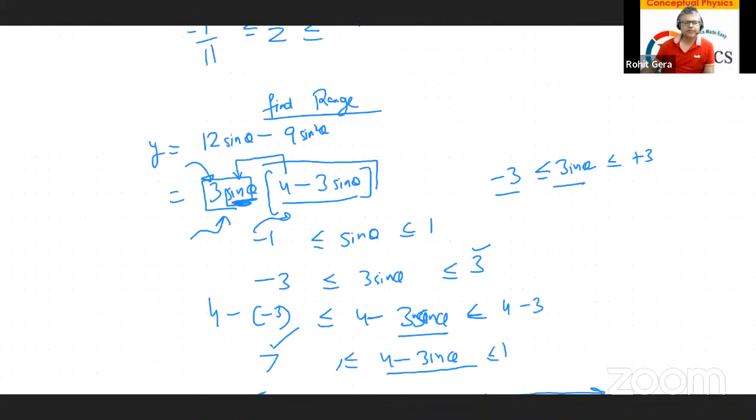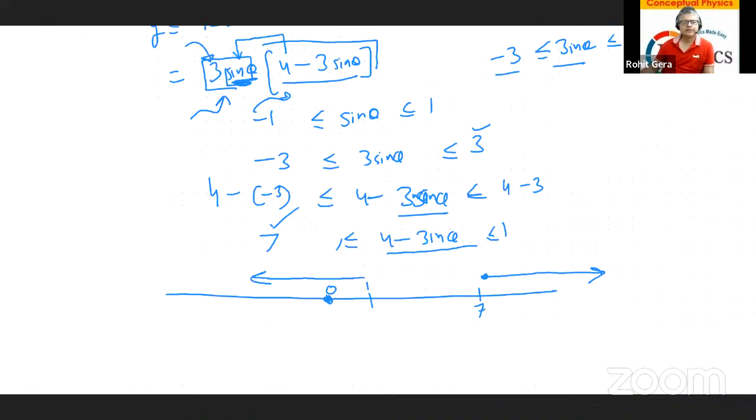दोबारा सोचते हैं ज़रा. If the number is this, then I multiply it by 3, then I write 4 minus minus 3, 7. 7 is less than or equal to 4 minus 3 sine theta, 4 minus 3, 1. So what does this show? That 4 minus 3 sine theta is between 1 and 7.